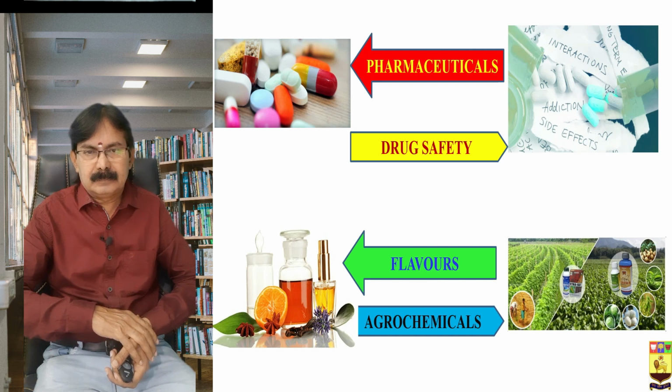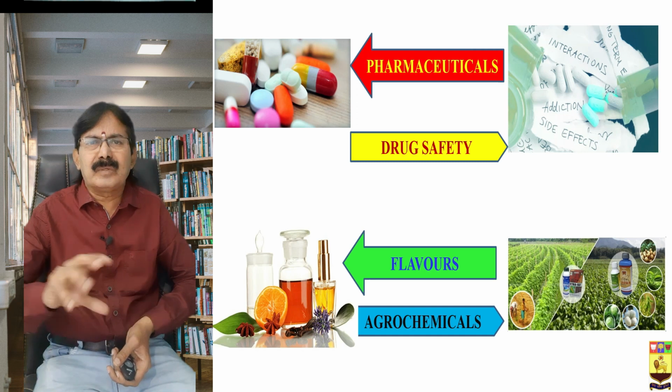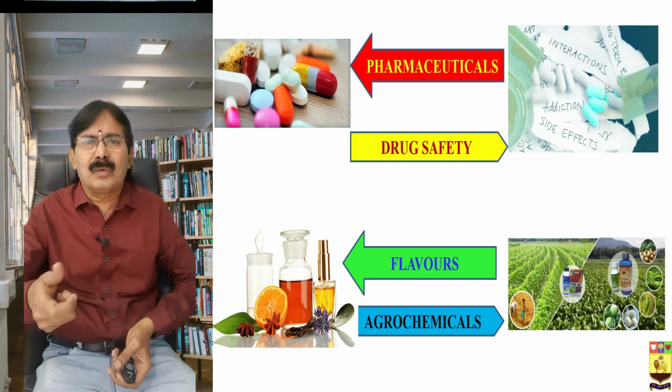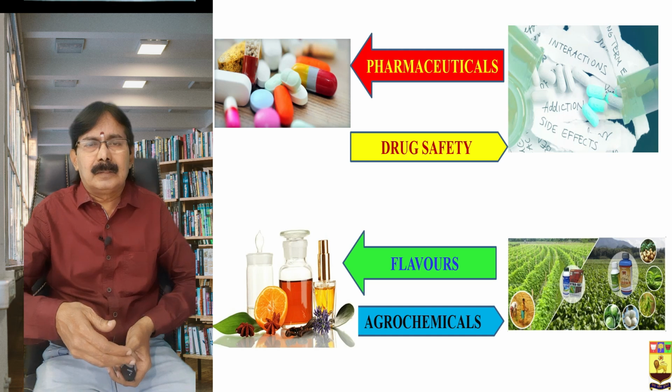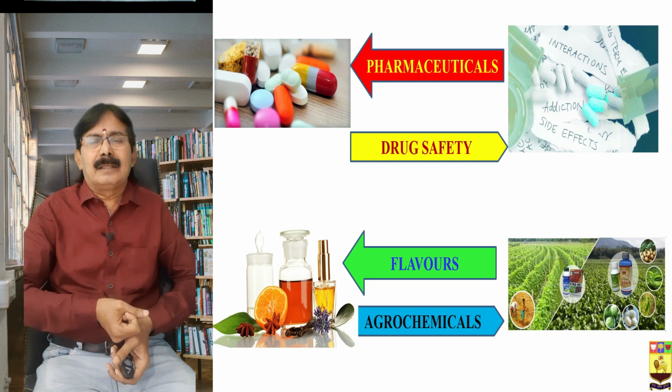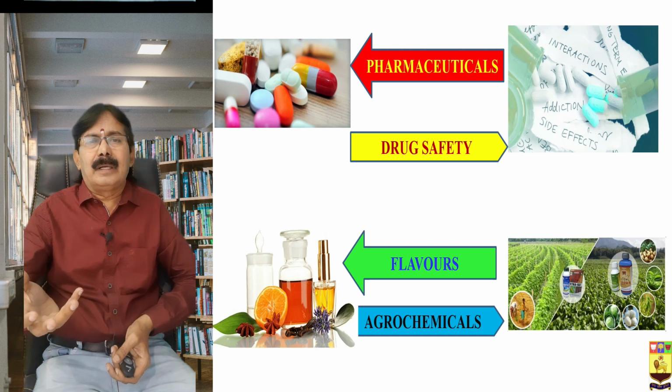And finally the insect pheromones. So pheromones are sexual hormones. We will see in the last slide. That will attract a particular insect to a particular place.